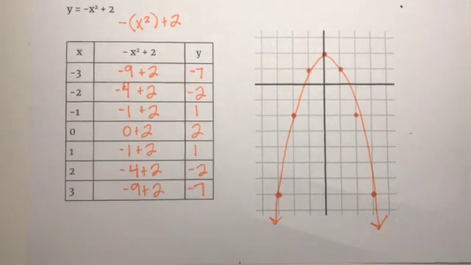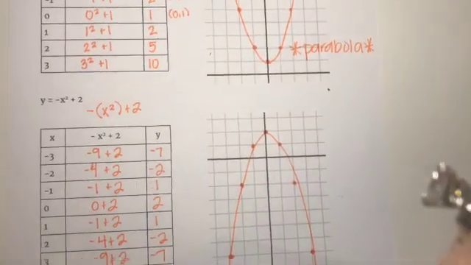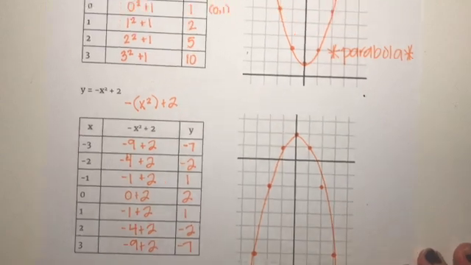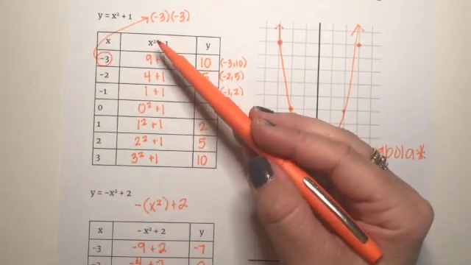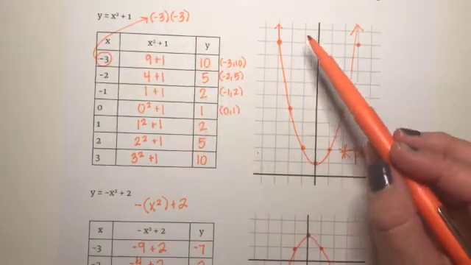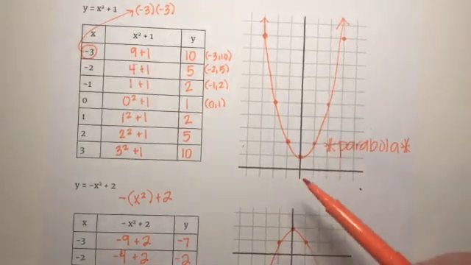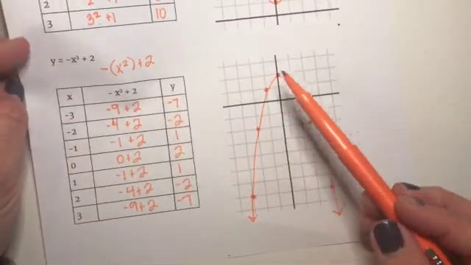Okay, so let's talk about these two parabolas and a couple of things that we can notice about both of them. Up here, do you see how this is positive x squared, or it's just saying x squared? Because that's positive, it means it's going to open up. Do you see how this one was the opposite of x squared? That means it's going to open down.